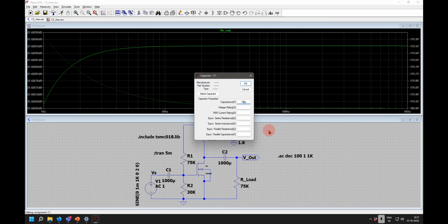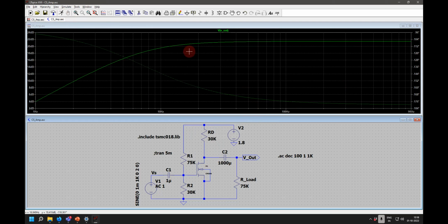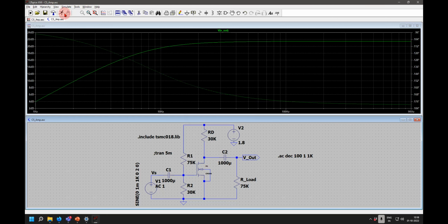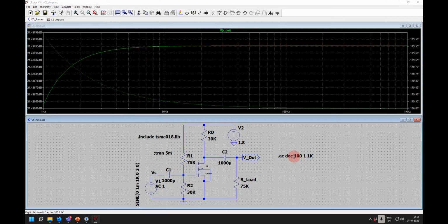If I reduce this capacitance and run it, I will find it is attenuating even higher frequencies. So we have to ensure that these capacitances are high enough for our frequency to pass. Now even 10 kilohertz is being passed. So the choice of this capacitor will enable me to see what frequency it is passing.